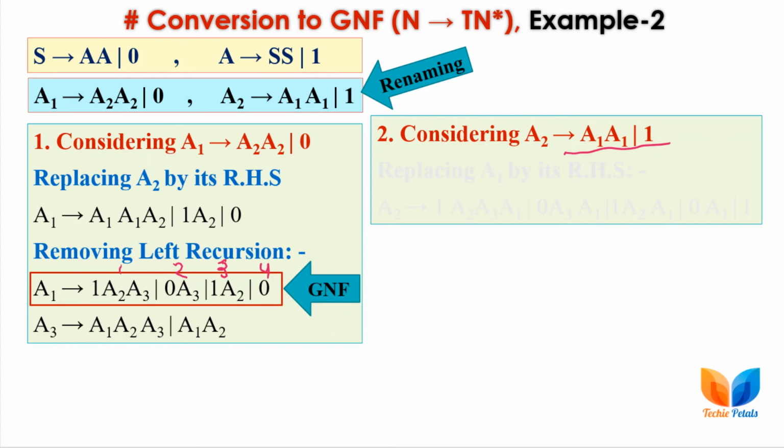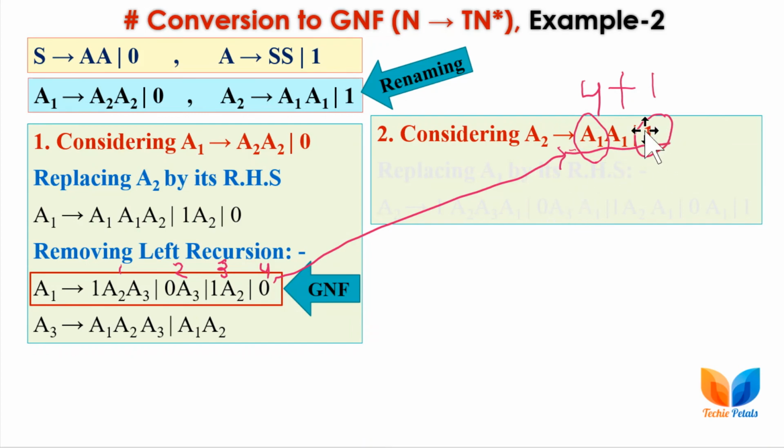By substituting these 4 rules here in place of the first A1, we will be getting 5 production rules corresponding to A2, because 4 production rules will be generated from this production rule, and this is the 5th production rule. So 4 plus 1, a total of 5 production rules will be generated for the A2 variable.